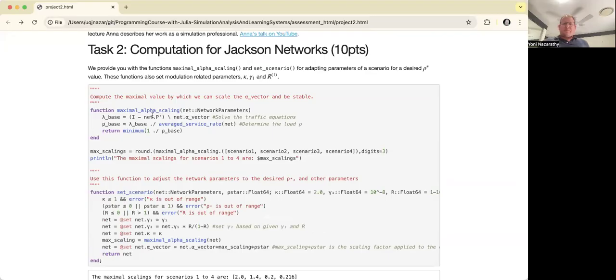Let me explain. So the maximal alpha scaling function gets a network, and it tells you, for that given network, how much you can increase the arrival rate while keeping the network stable, right?